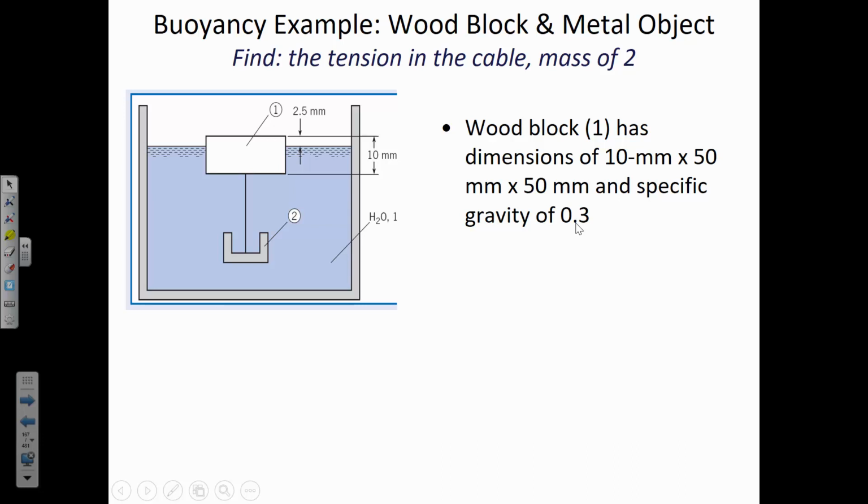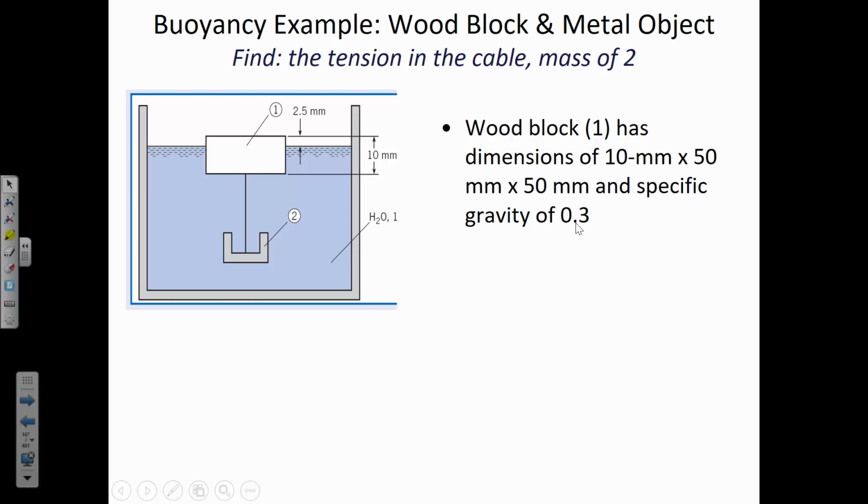So we're going to have to think about this being in equilibrium. What does the force balance look like for that upper block? We've got the water, we've got the block in the water, and so what are the forces involved? Okay, the tension, the cable. Is the cable pushing the block up or pulling the wooden block down? Okay, it's down.